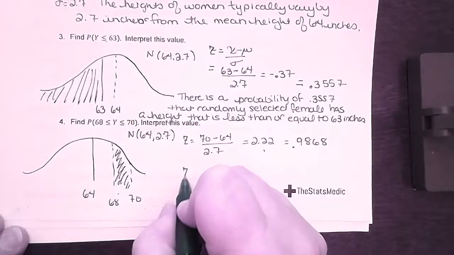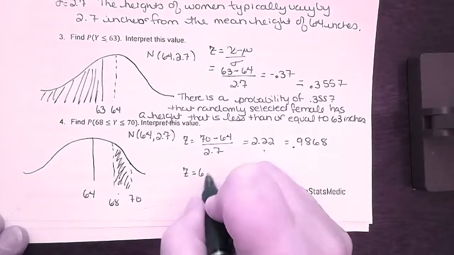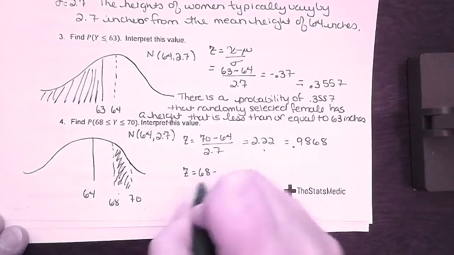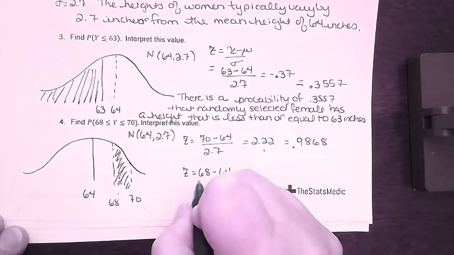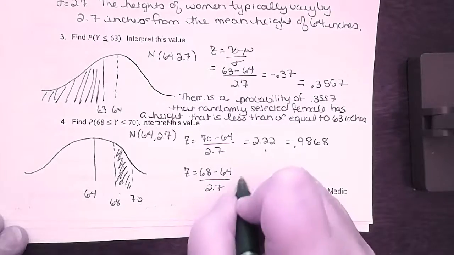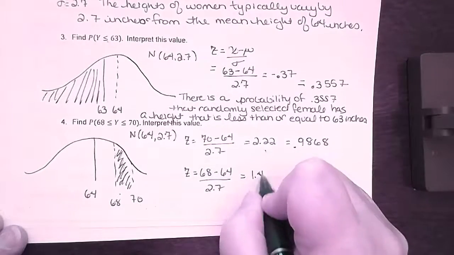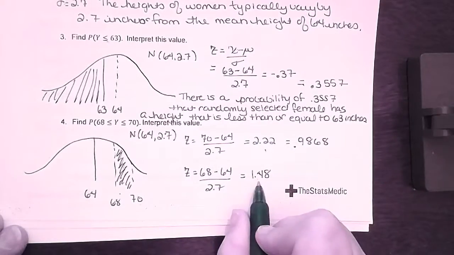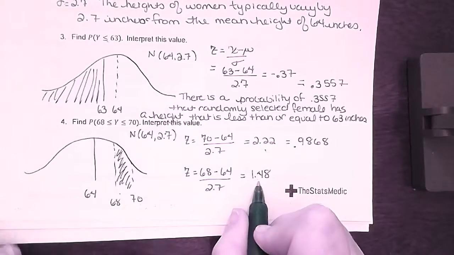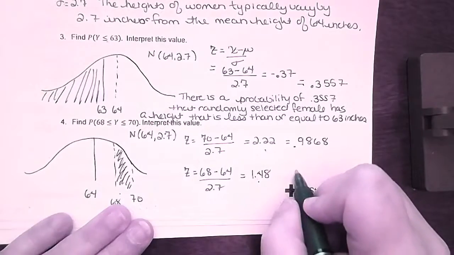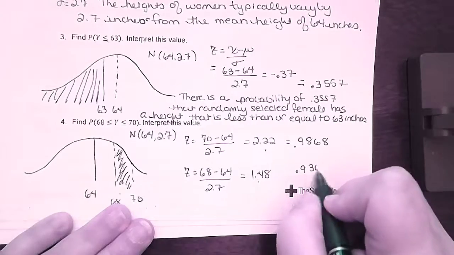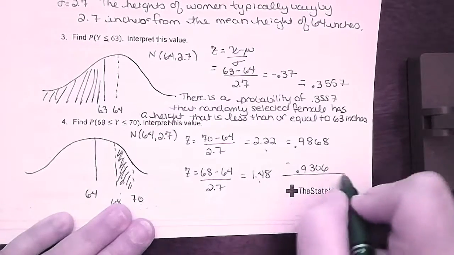So I do that by calculating the z-score for 68. And that gives me 1.48. Now when I look up this area in table A, I get 0.9306. So I take the difference of these two.